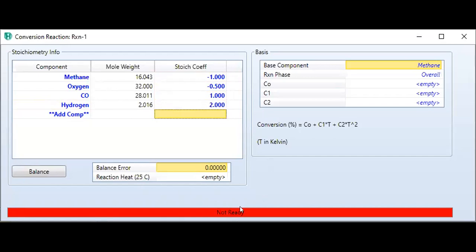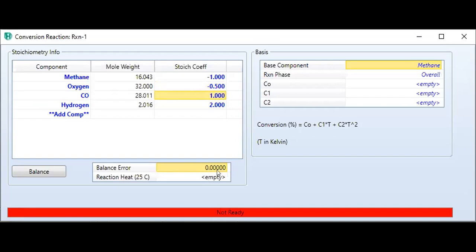Again, it is not ready. See, since you have entered the accurate stoichiometric coefficients, we are getting a balance error of 0. If you have entered any stoichiometric coefficient wrongly, then it will be something else.